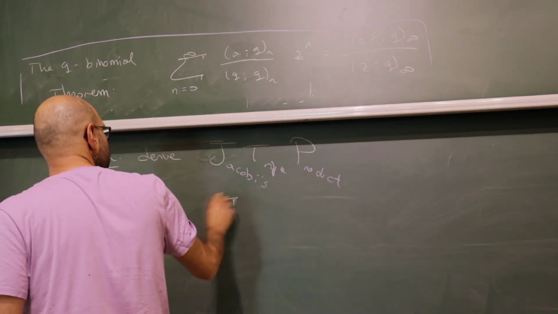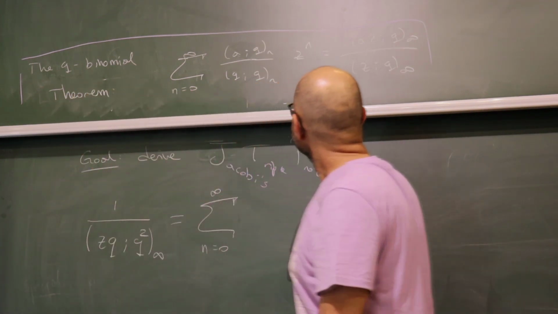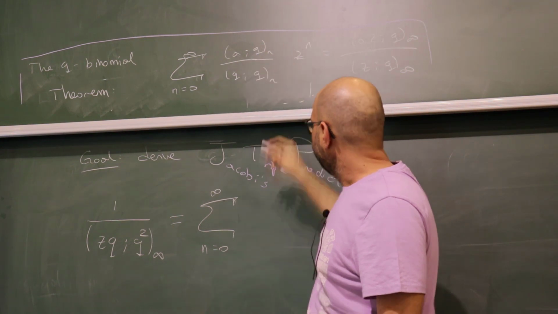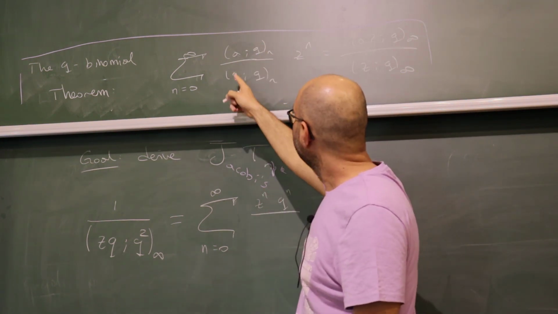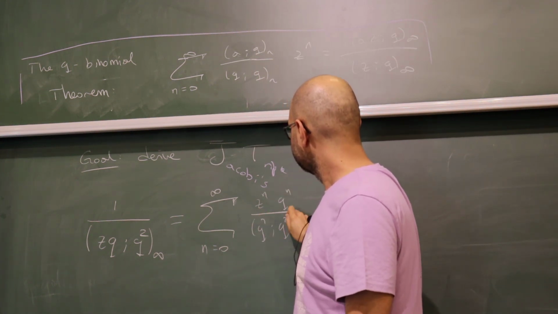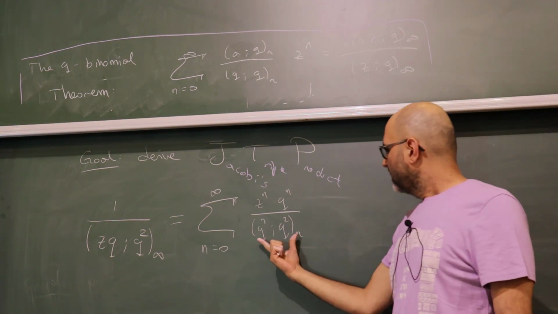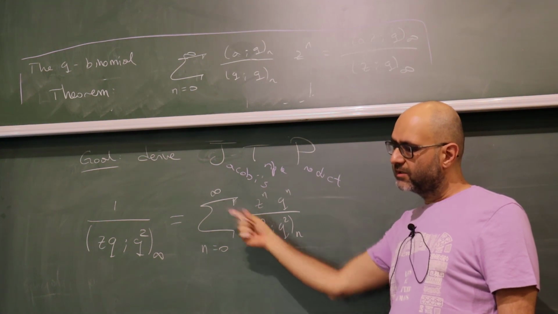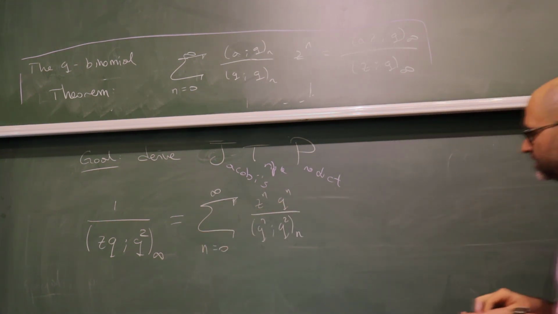Anyway, this is the sum from n equals 0 to infinity. What is it? The top factor goes away: z^n q^n divided by (q^2; q^2)_n. We will take this, make it an infinite product, factor it out, and we have to multiply by the missing factors as well.